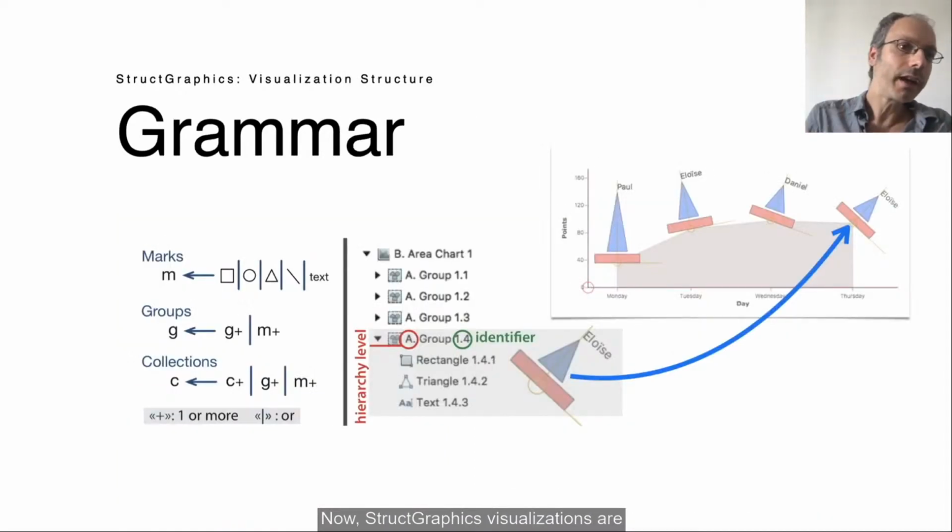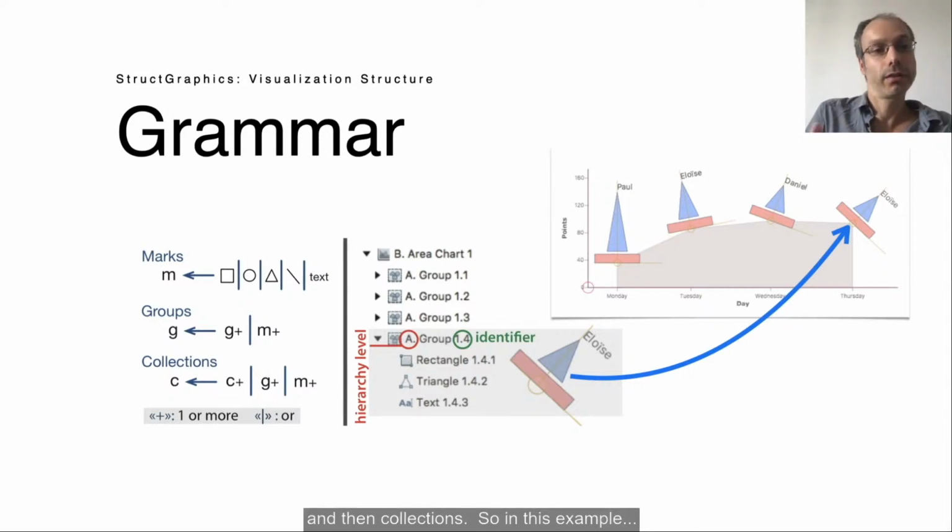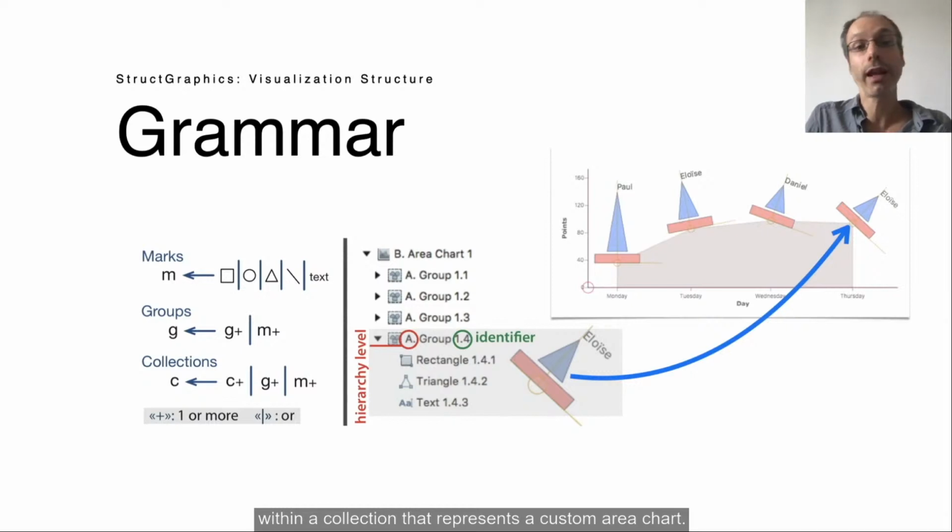Now, Star Graphics visualizations are hierarchies, and as in other systems like, for example, Data Illustrator, they contain marks, such as squares, lines, and text, groups of such primitives, and then collections. So in this example, I highlight a group, the sailboat, within a collection that represents a custom area chart.